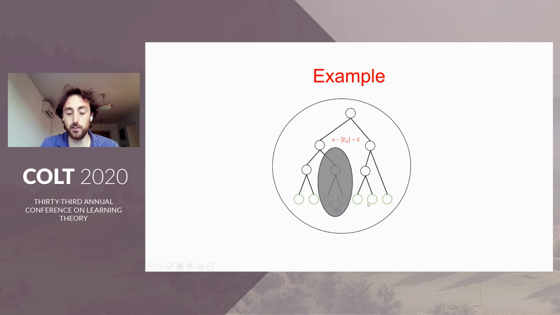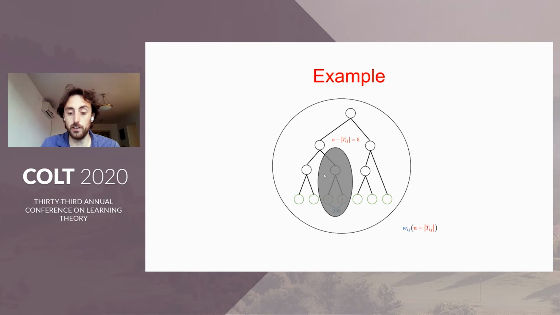So in this case, you can see that it's 5. And then towards the revenue, we count the multiplication of Wij times n minus the size of Tij. So in this case, it's 350 times 5. And this is intuitive in the sense that we'd like data points that are more similar together to be clustered lower in the tree.